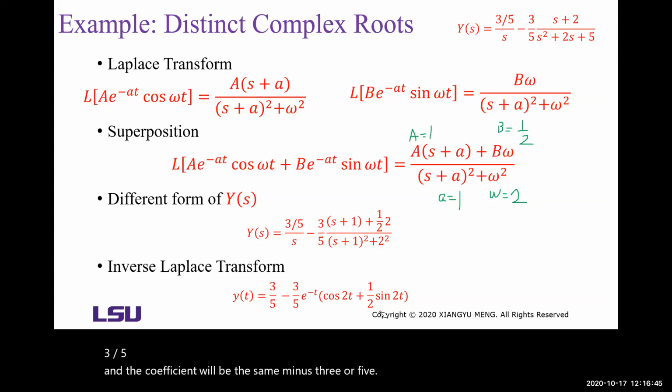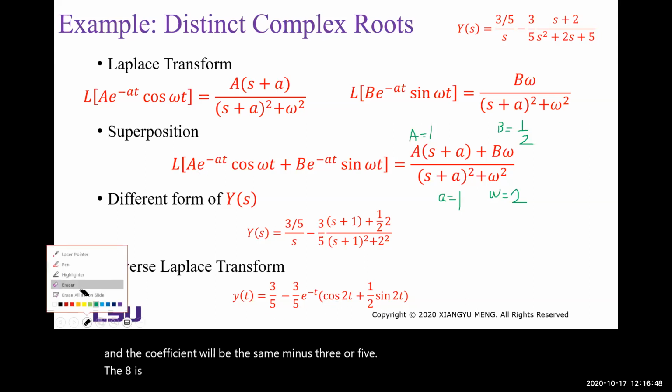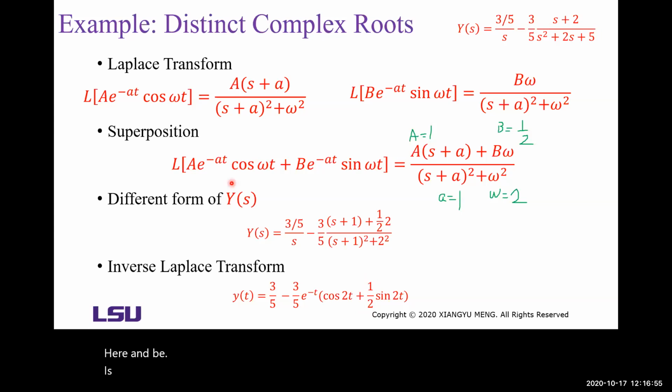The a is 1 here, and b is half. Omega is 2. We have cosine 2t, sine 2t. Then exponential minus t. This is a time function.